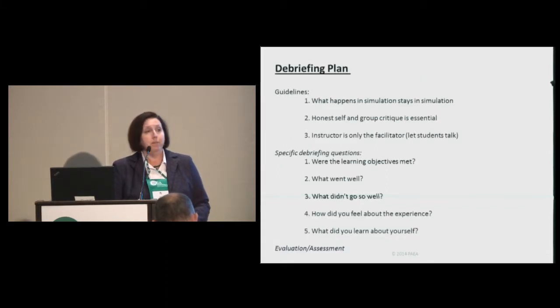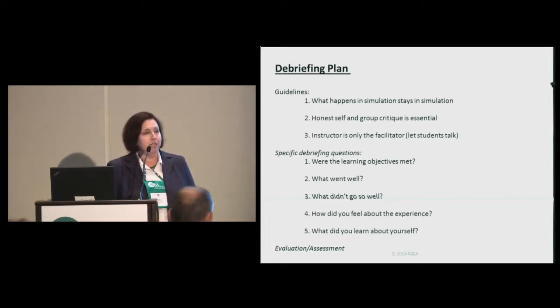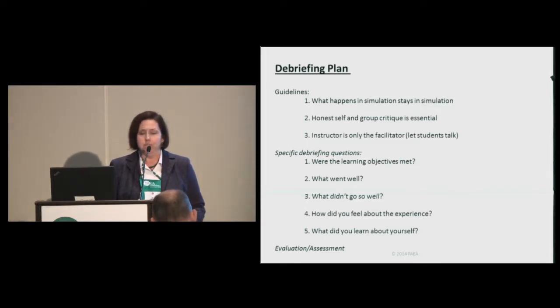We'll have a debriefing plan. One of the things we talk about is simulation safety. And so we come to the simulation environment with a number of assumptions. One is that each student who's there wants to learn, wants to do their best, and wants to reflect that in their actions.